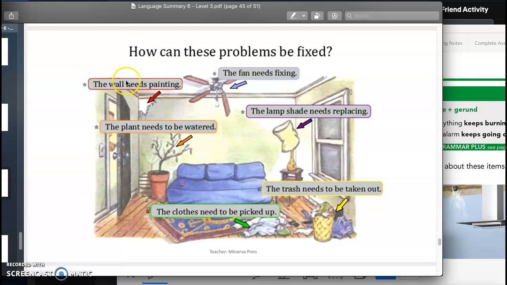So we have using need with a gerund, needs painting, needs fixing, needs replacing, and then we have using need in the passive voice, needs to be watered, need to be picked up, needs to be taken out. As you can see, since this noun is plural, we are saying need. We are not saying needs, because this is not a third person singular, this is plural. So they need to be picked up, it needs to be watered.